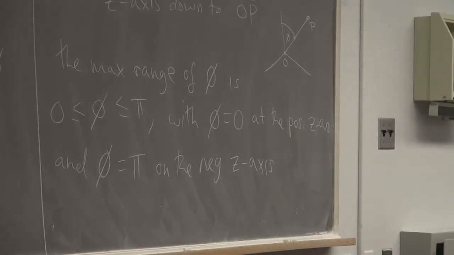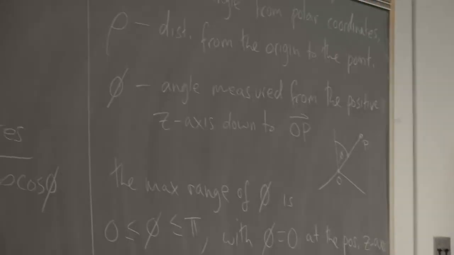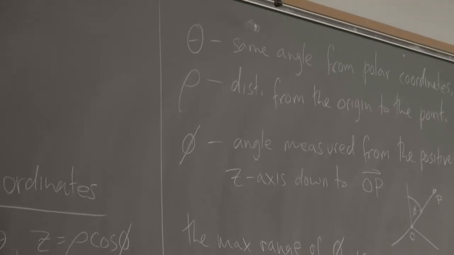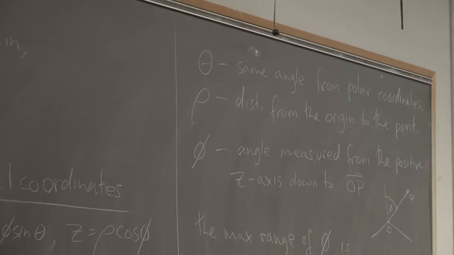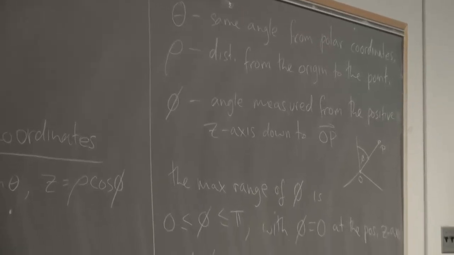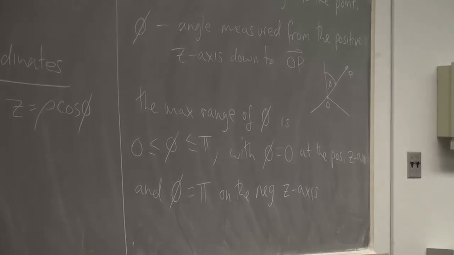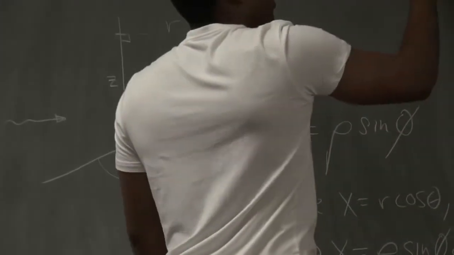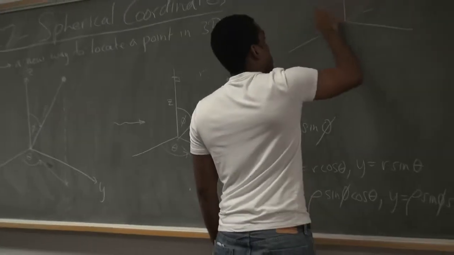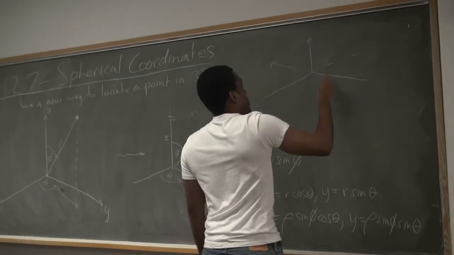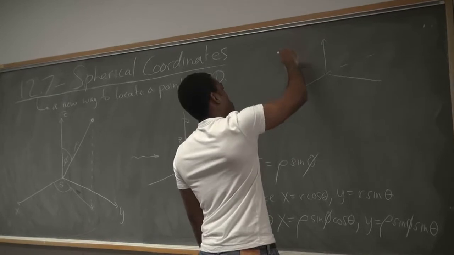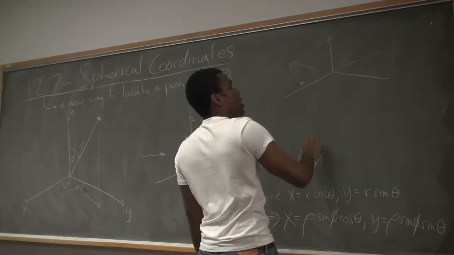Yes? So what do you do if it's on the negative y-axis, because phi is between 0 and pi? Oh, the theta would swing you around, right? Let's say you have a point behind the xy plane, down or something like that.